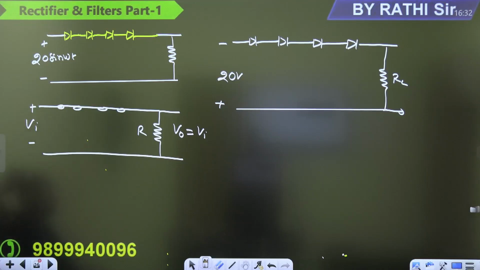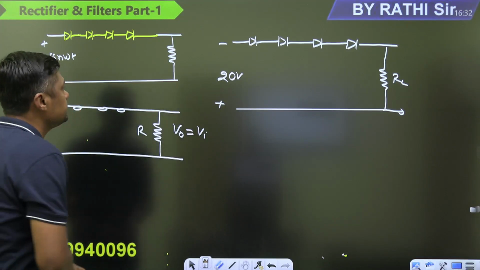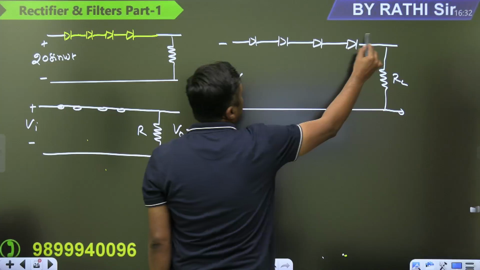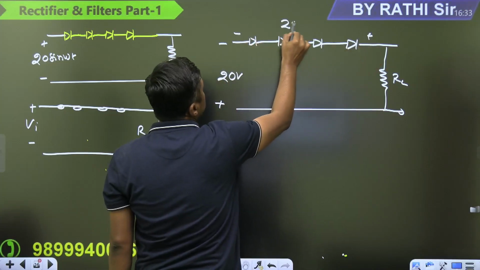The answer is 20 divided by 4. So what is the voltage across a single diode? 5 volt. Then what should be the breakdown voltage? The breakdown voltage should be greater than or equal to 5 volt. What is the total voltage across? 20 volt.